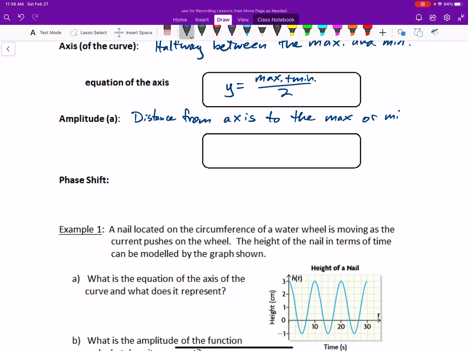So in other words, another way of saying it is it's the distance between the maximum and the minimum divided by 2. We usually let A represent amplitude, and it would be the maximum minus the minimum divided by 2. So those two formulas are very similar.